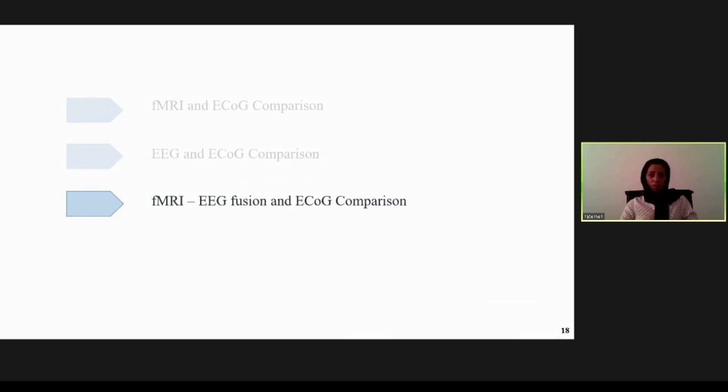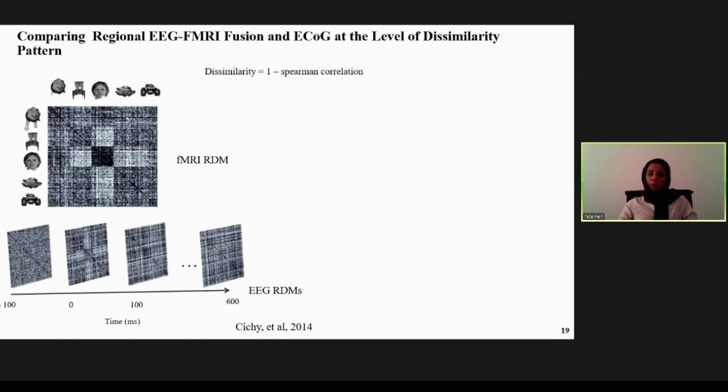The third section is combining EEG and fMRI data and comparing the results with the ECoG results. For fMRI, in the 6 aforementioned ROIs, we extracted condition-specific voxel activation values yielding 125 pattern vectors. Then we calculated the pairwise dissimilarity for all experimental conditions.